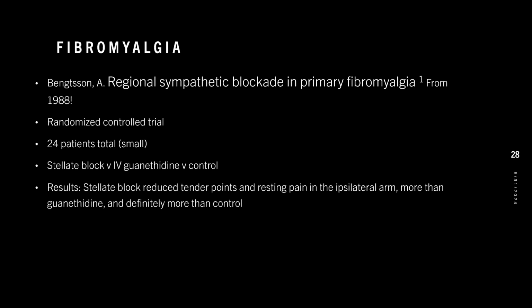Stellate ganglion block reduced tender points and resting pain in the arm on the side where the injection was done, so a right-side block, right-side arm. It was more effective than the IV guanethidine and definitely more effective than doing nothing. I think it's kind of funny; it's more like a proof of concept that you can turn off the pain in a certain area, but of course fibromyalgia is widespread pain.